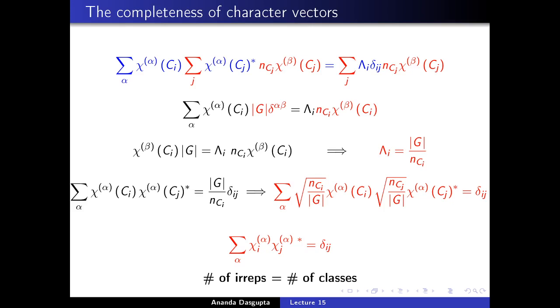Now, from what we have described over the last few lectures, it should be obvious that the character table, that is a set of characters for each irreducible representation of a particular group, is a very handy tool to have. And once you have such a table, you can put it to all sorts of wonderful uses.